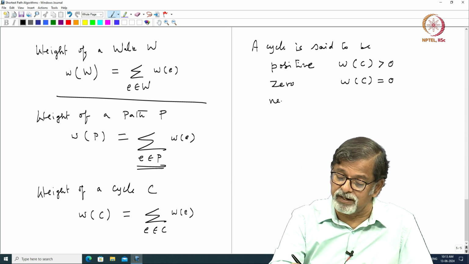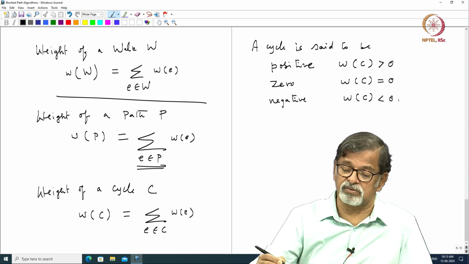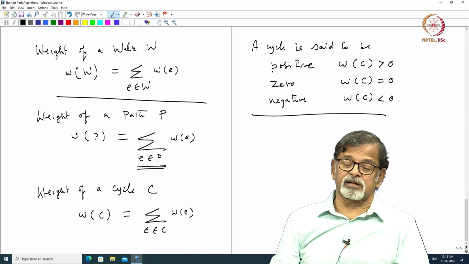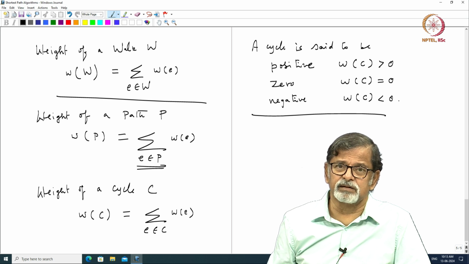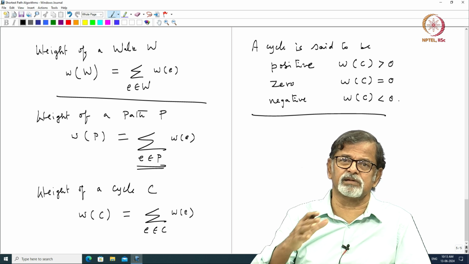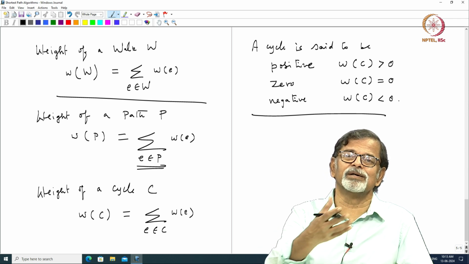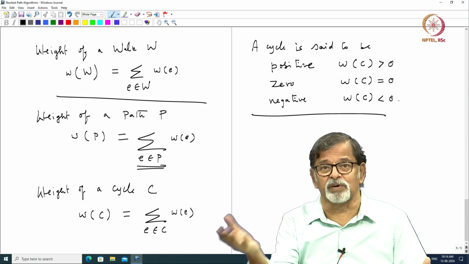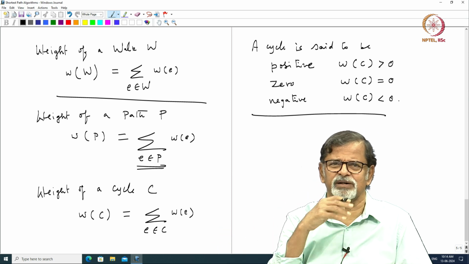Is said to be a negative cycle if weight of C is less than 0. Yeah. A cycle is a positive cycle or a negative cycle or a zero cycle depending on the value of the weight of the cycle. If the value is positive, the cycle is called the positive cycle and so on. Natural way to define.